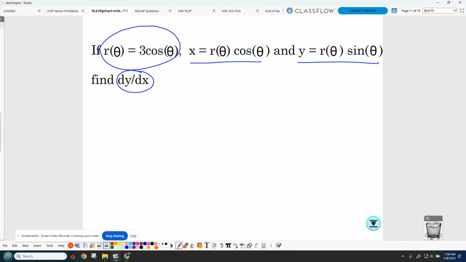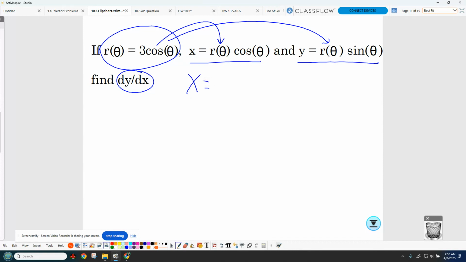How would we find dy dx? Anyone got any kind of game plan? Yeah. Plug in R and then just use product rule. It says plug in the equation for R. Yes, I agree.